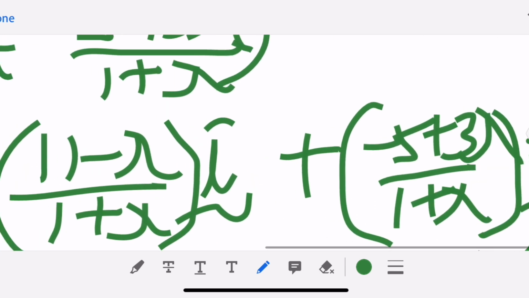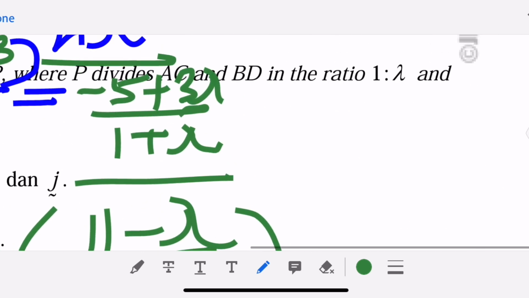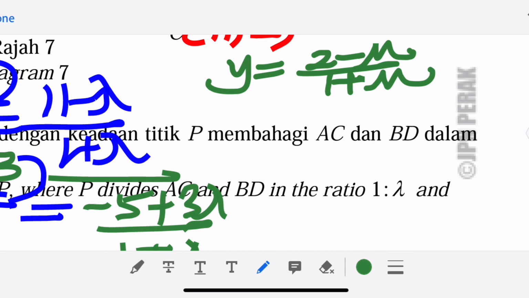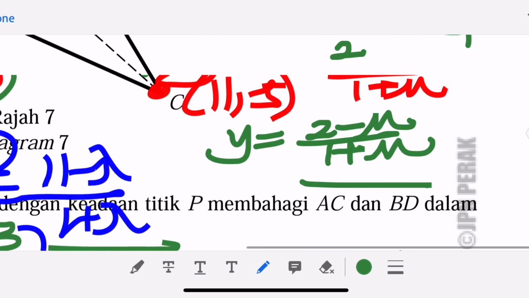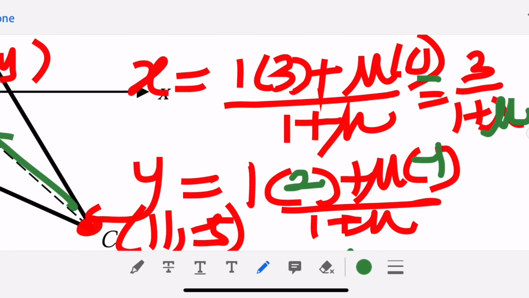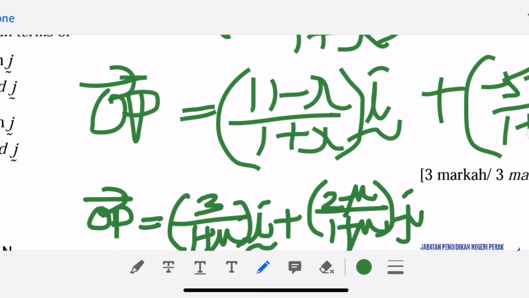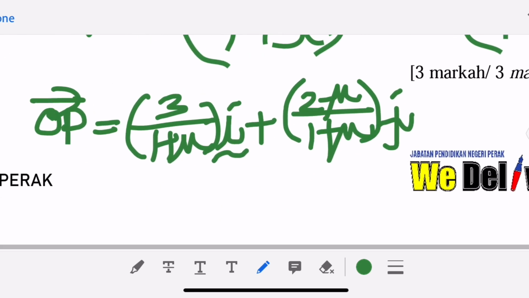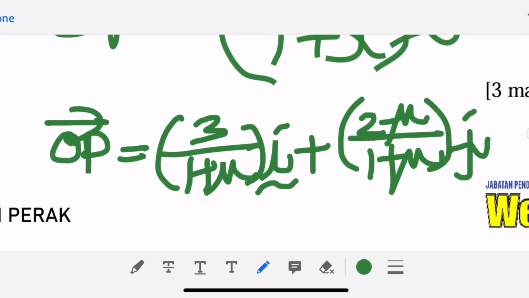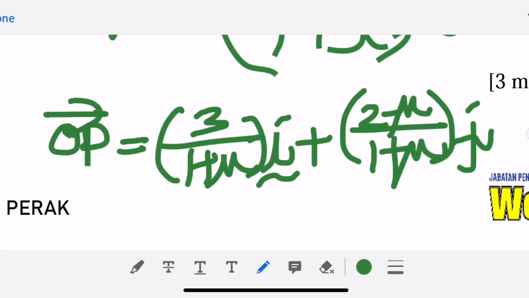So we actually convert the coordinates into vector. This is our y, this is our x for the point P. If we write in terms of i and j, this is the answer for OP in terms of mu. Remember to put brackets.